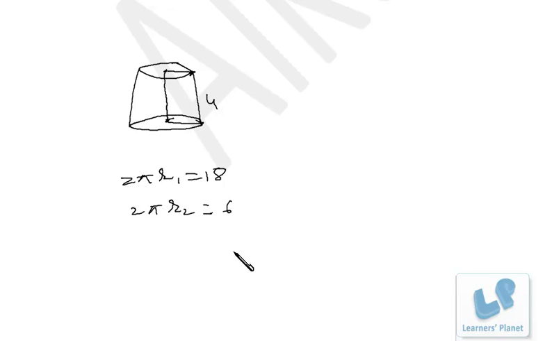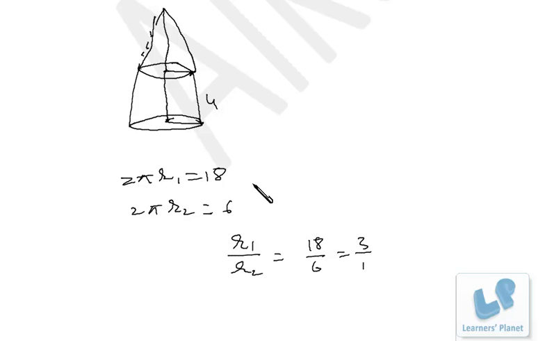So precisely r1 is to r2 is 18 by 6, or we can say 3 is to 1. Now I complete this. r1 is to r2 is 3 is to 1, so I assume this to be 3k, then this must be k, right?